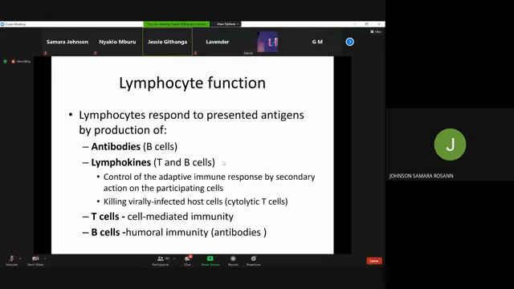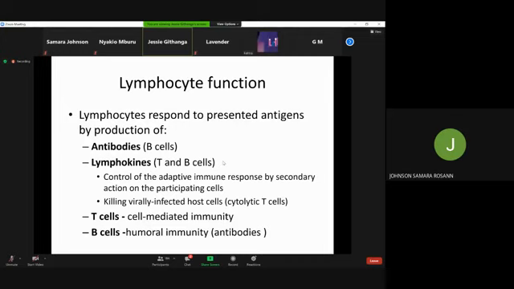And when this antigen is presented, the B lymphocytes, or B cells, respond by becoming plasma cells and producing antibodies. So the B cells are in charge of antibody production.